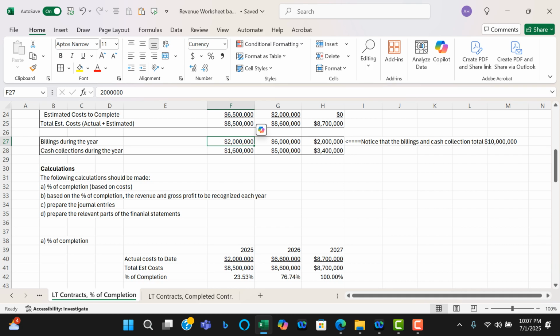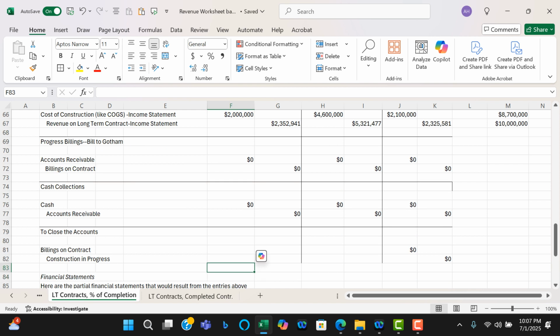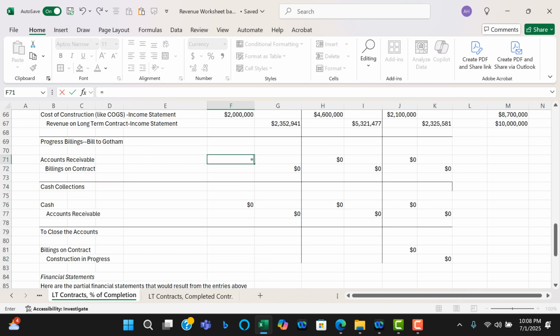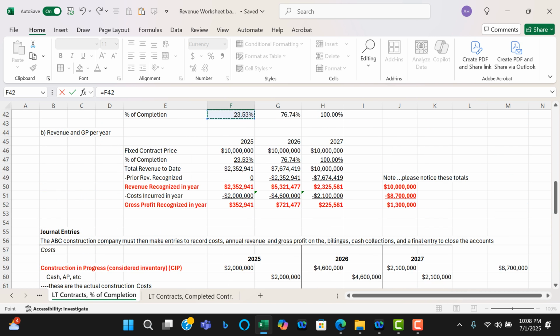Most contractors do this. So you're going to bill 2 million, 6 million, and 2 million, and then you're going to collect. That adds up to 10 million, by the way. And then you're going to collect it in slightly different amounts of 1.6, 5 million, and 3.4. They both add up to 10 million. So billings for the year, we're going to put that in accounts receivable because we're sending out a bill.